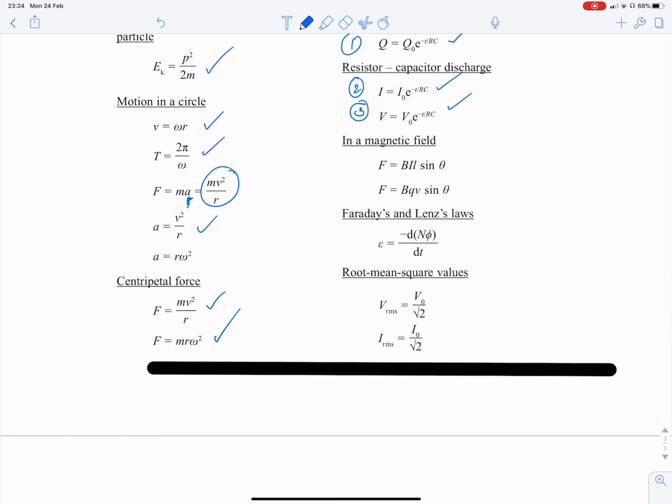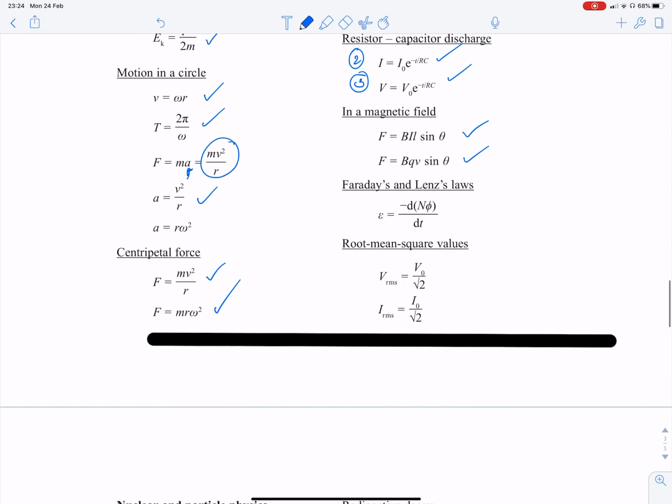In a magnetic field, F equals B I L sine theta and F also equals BQV sine theta. Faraday's and Lenz's law, epsilon is minus d N phi divided over dt, so the rate of change of the magnetic flux.